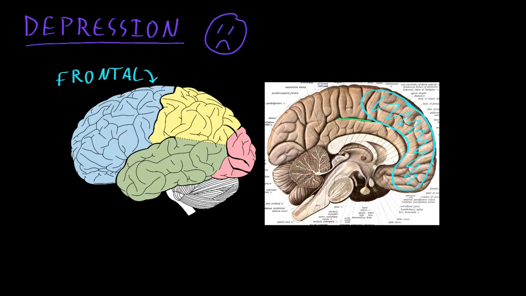It involves a number of different structures like this structure here, and some others that are behind the brainstem over here that are called the limbic structures. Let me just write that word down, the limbic structures. Limbic structures, right here. And these studies have suggested that there appears to be abnormally decreased activity in areas of the frontal lobe and areas of increased activity in areas of the limbic structures.